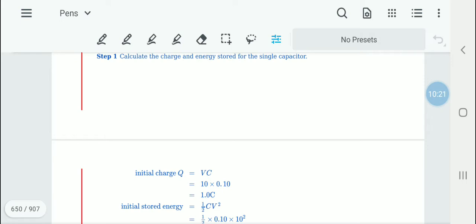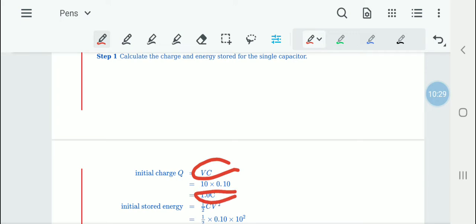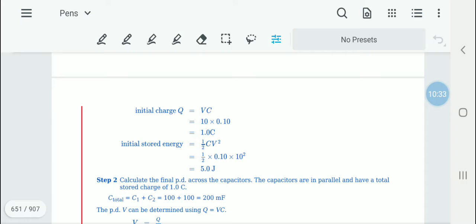Please don't mistake this C for this C. This C stands for capacitance. This C stands for coulombs, right? Please don't misunderstand those two. Then we get 1 coulomb as the charge. Then the stored energy is going to be half CV squared.